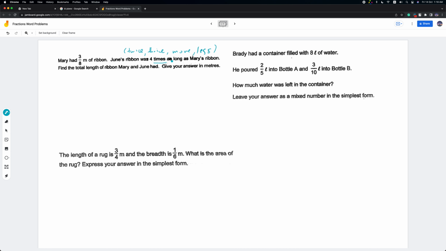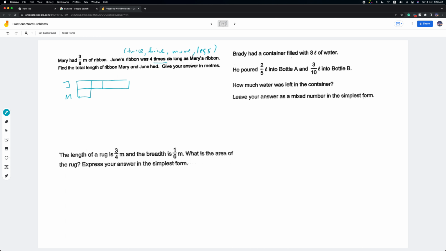Some of my students feel like, oh, this question's easy, so they skip the model part, and most of the time they make careless mistakes. So let's continue with this. June and Mary. How do we draw the model? June will have 4 times. Now, you might draw the model differently from me.